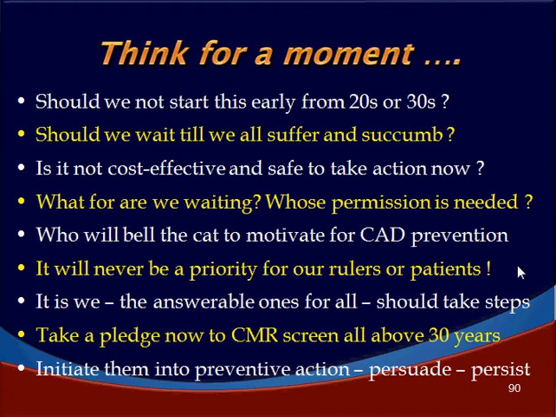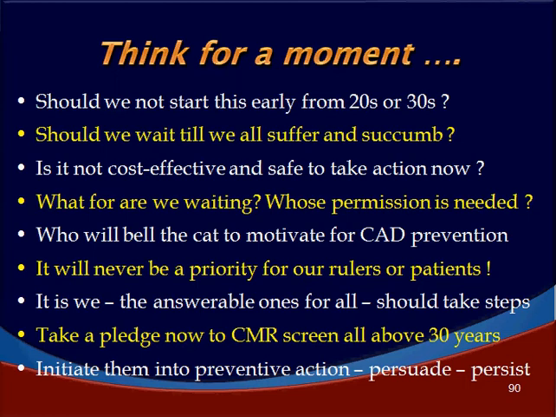It will never be a priority, I tell you. Mark my words. For our rulers or our patients, they will never take it as a priority unless the acute event comes. They will not wake up. It is we, the doctors, the answerable ones for all, who should take the steps to see that every patient who comes to us is screened, properly advised, and preventive steps are taken.